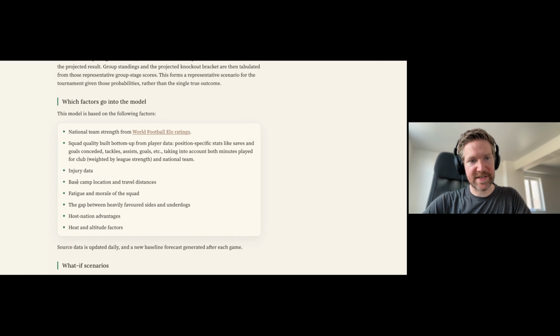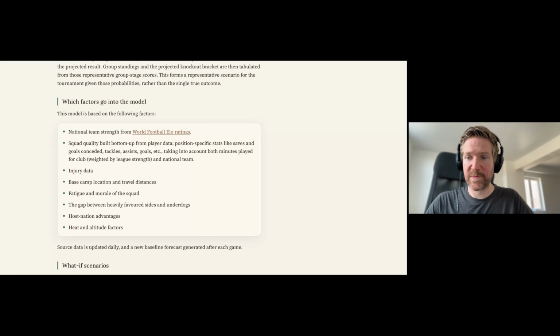We have their injury data, we have the locations where each of the teams has their base camp and the travel distances. And that is especially important this World Cup because some matches are being played above 2,000 meters of altitude. Mexico City is up very high on a plateau, and there's less oxygen in the air. You need acclimatization to play at that altitude.